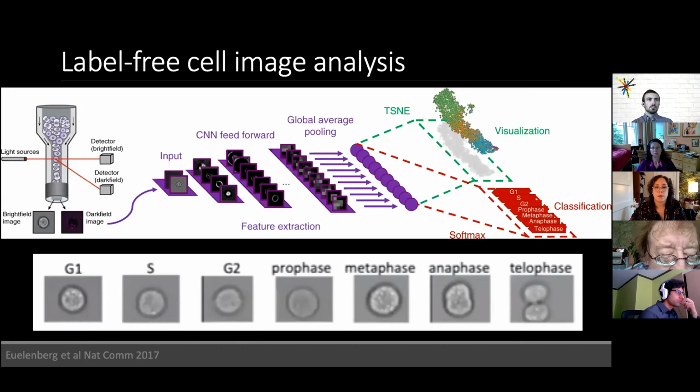And so this frees up a lot of channels for using other types of cell markers, which could be really powerful for identifying cell phenotypes that, again, you wouldn't be able to identify by eye, because typically humans need some kind of cell cycle marker to do this kind of data analysis.